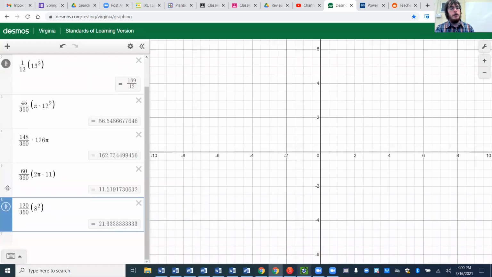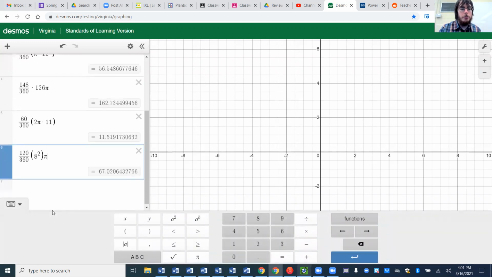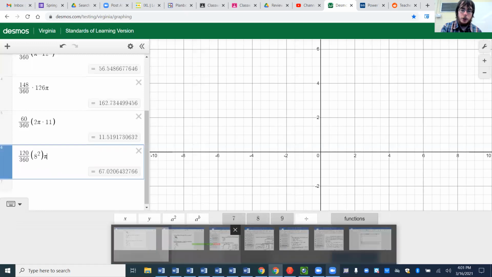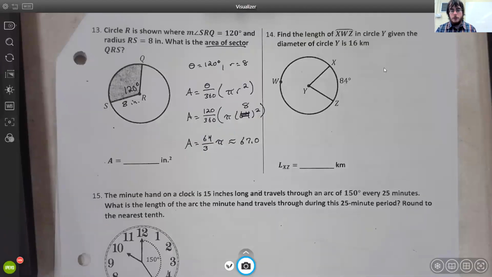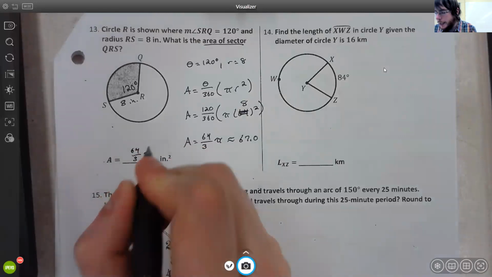And we get that our fraction is 64 over 3, and then we put a pi. And if you did this approximately, then it would be 67.0 inches squared. So our exact area is 64 over 3 pi.